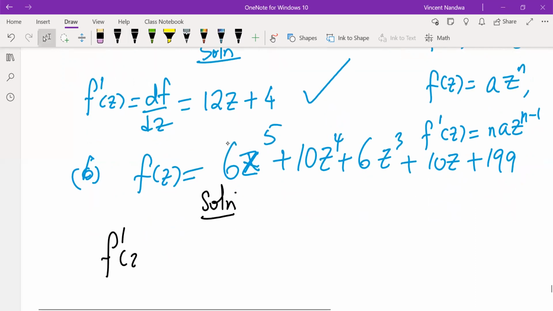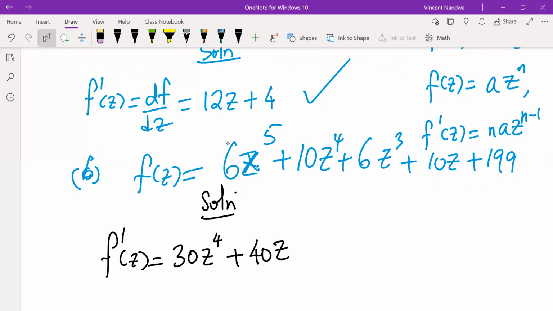The derivative of this will be 30z power 4 plus 40z power 3 plus 3 times 6 is 18z squared plus 10. The derivative of a constant is 0. So this will be the solution.